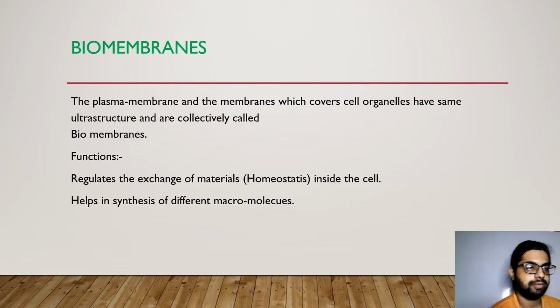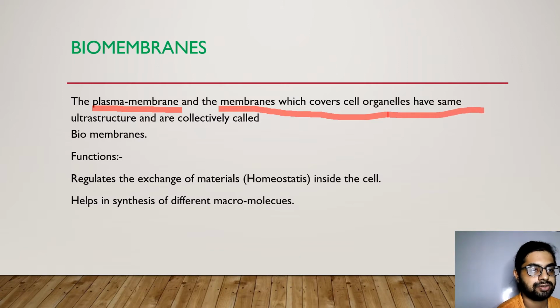Now about biomembranes. In eukaryotic cells, the cell organelles present inside the cell are all membrane bounded. This plasma membrane, which is the outer covering of the cell, and the membranes which cover the cell organelles have the same ultrastructure and are collectively called biomembranes.